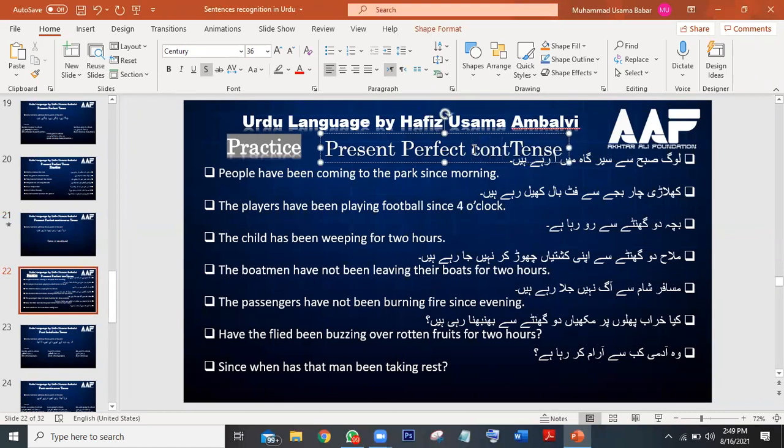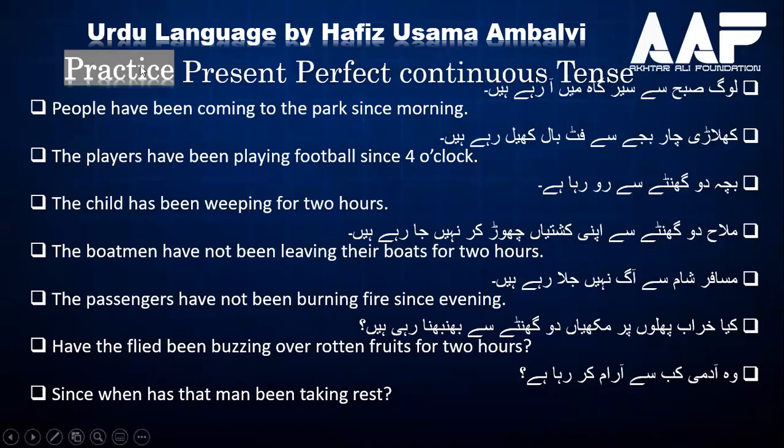For present perfect continuous tense, you have to write at the end of the sentence raha hai or rahi hai, depending on the persons.